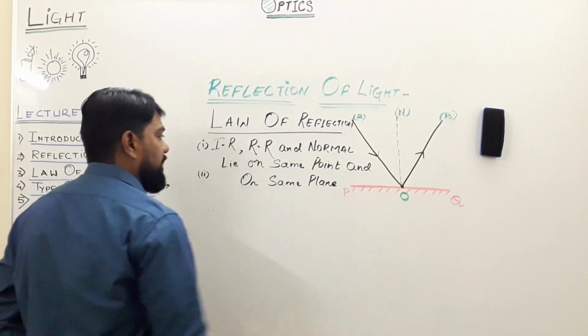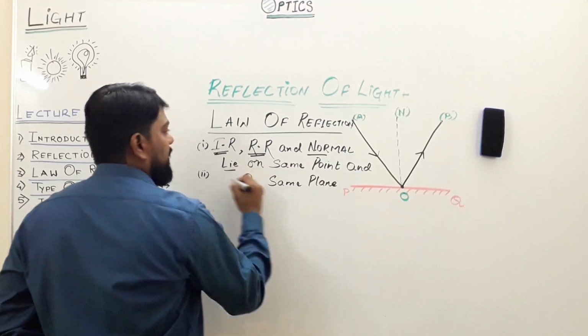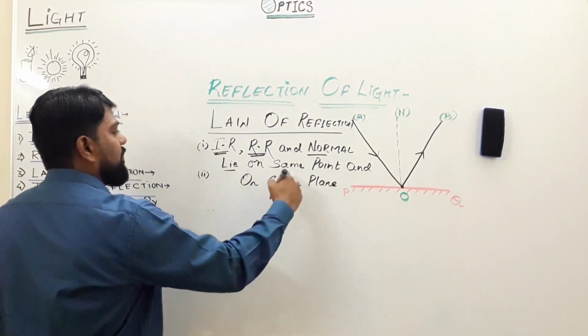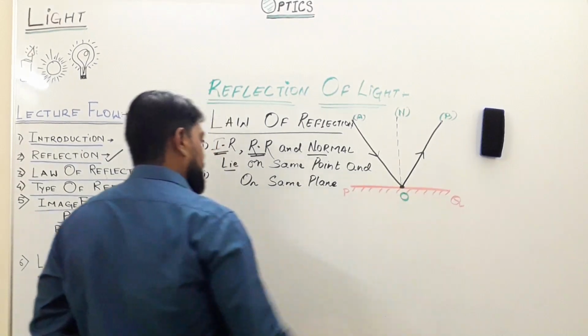This is the first law of reflection. Incident ray, reflected ray, and normal all lie on the same point and on the same plane. This is the same point of incidence.